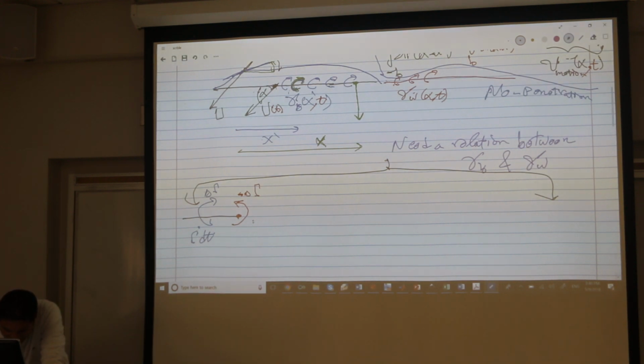Which, because we have a distribution, can be represented as gamma wake at the trailing edge, at any t, times dz.